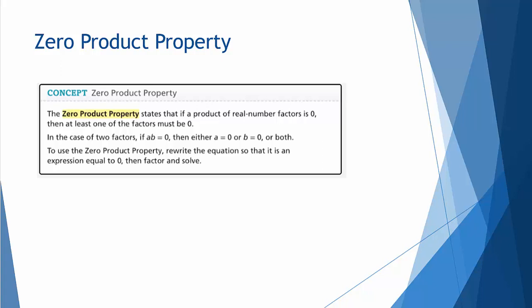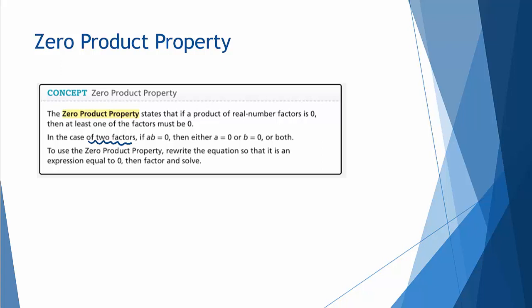In the case of two factors, which is the case we're looking at, if a times b is equal to 0, then either a equals 0 or b equals 0 or both. So think of our a and our b as our set of parentheses.